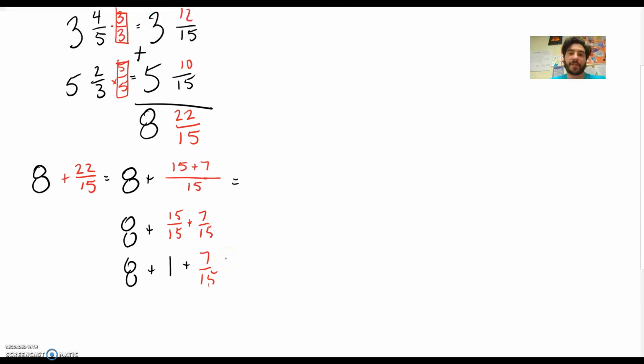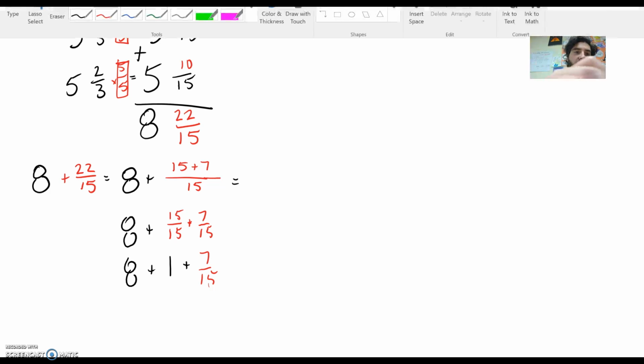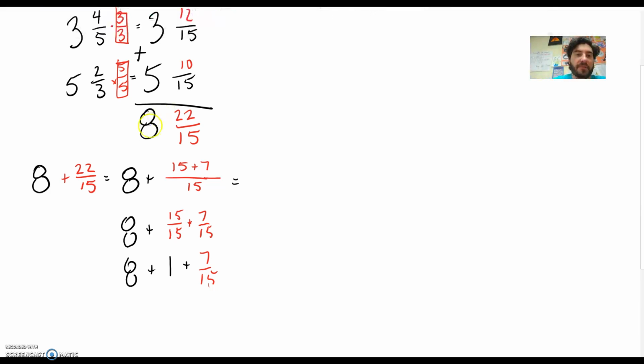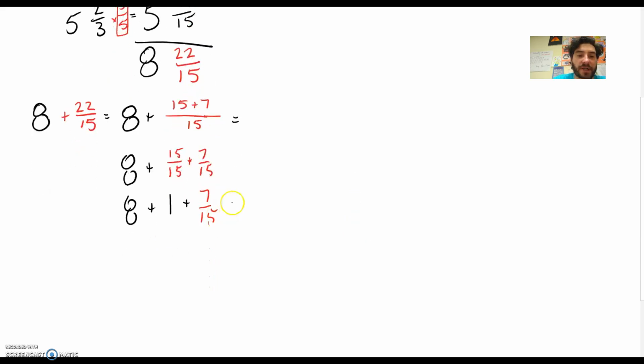Excellent. Now we're ready to get our final answer. 8 and 22/15ths is equivalent to 9 and 7/15ths. Can't simplify it any further. That is our final answer.